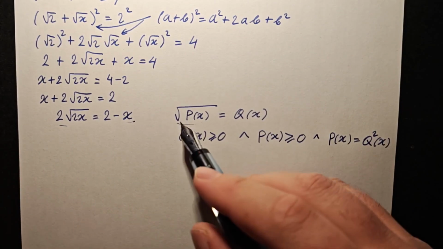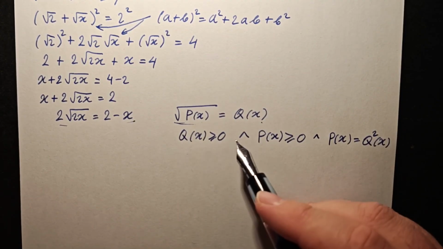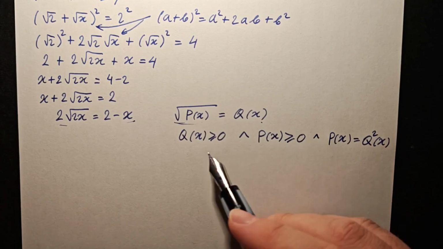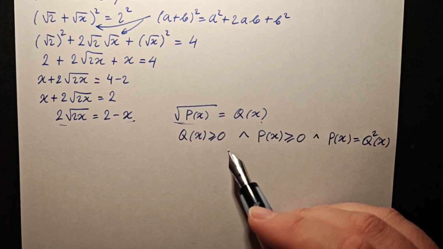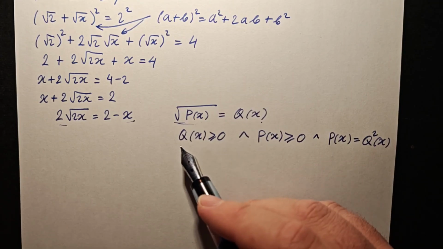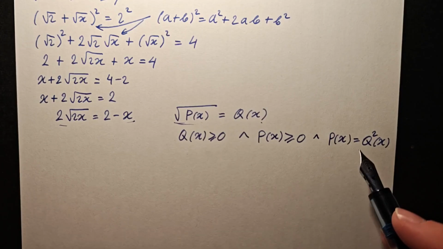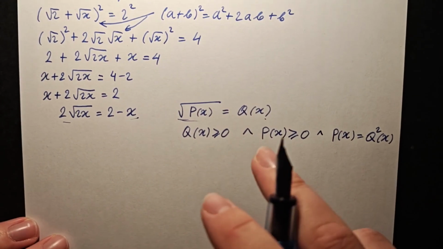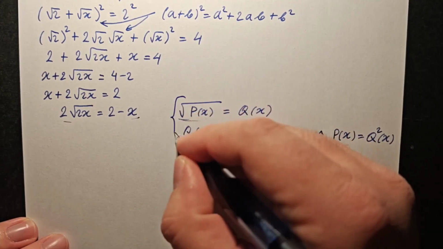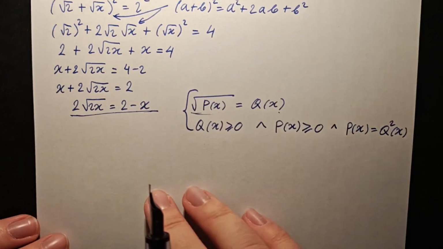So the solution of this equation we get in the form of a set where we have conjunctions of these three terms, and then the final solution we are going to get by taking an intersection of all three of these sets of the variable x and the values it can take. So let's apply this concept from theory to the equation which we have.